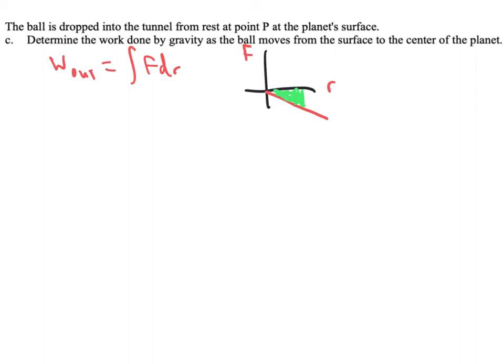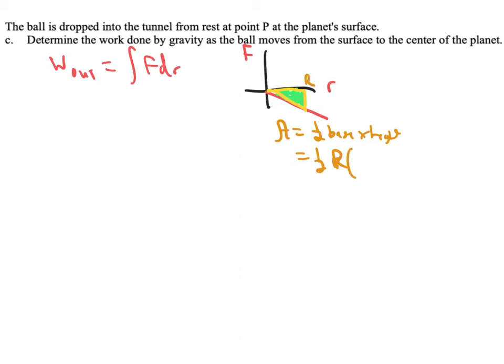But that's easy because this is a right triangle. So the area is just 1/2 base times height. The base is R, capital R now because we're going out to capital R.